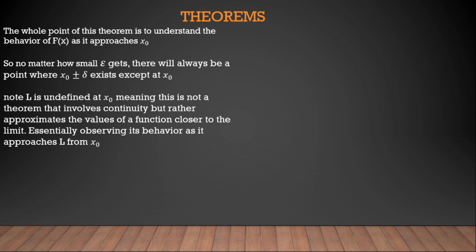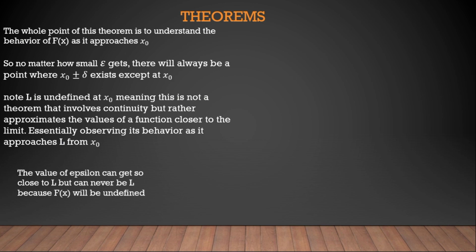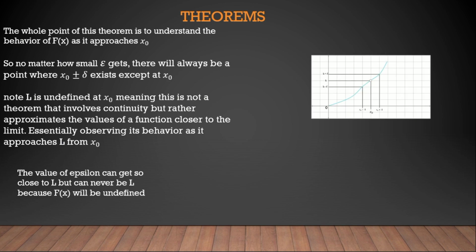We don't know what that value actually is at that point, but we are getting closer to it, but never at it. So this is what limits are, basically. And epsilon can get close to L, but can never be L because f of x would be undefined.